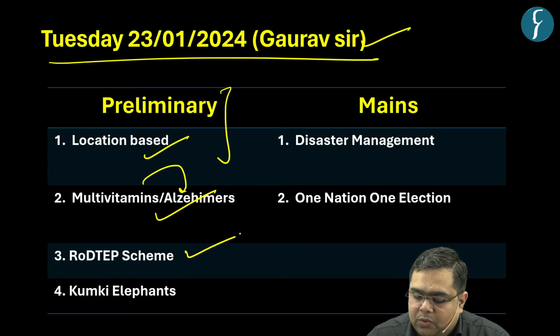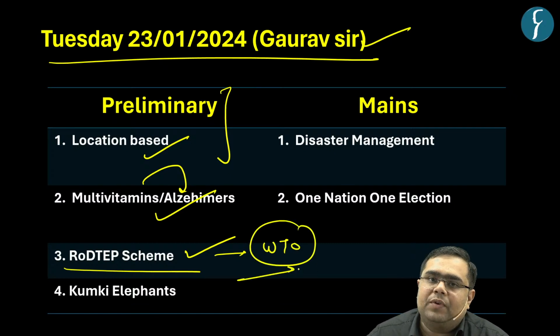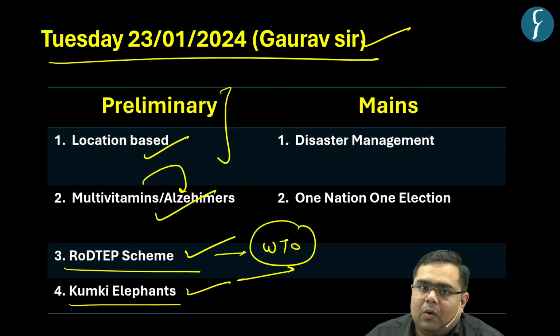Then there was an issue with respect to the RoDTEP scheme. Again, this was in the news in the context of the visit of WTO officials to India. And then the last one was with respect to Kumki elephants. We will not be able to cover all the news, but we will cover the important aspects.